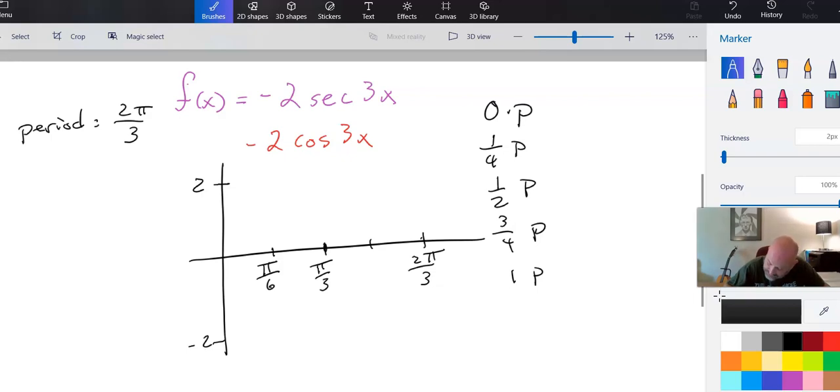And 3/4 of the period, well, let's double check because that feels a little bit weird. It'd be 3/4 times 2 pi over 3, so the 3's cancel. Yeah, I get 1/2. Okay, so this is at pi over 2.